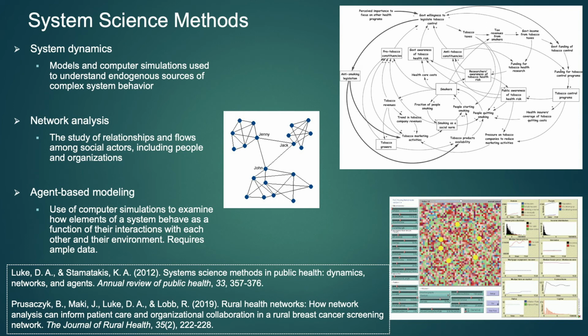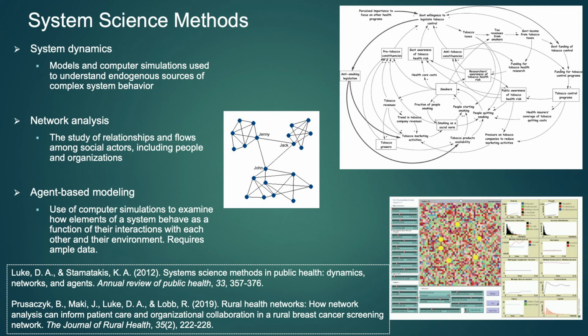The example here from Doug Luke and colleagues is around tobacco legislation and tobacco control policies and all of the things that were identified as potentially influencing those. Another system science method is using network analysis, or the study of relationships and flows among social actors.